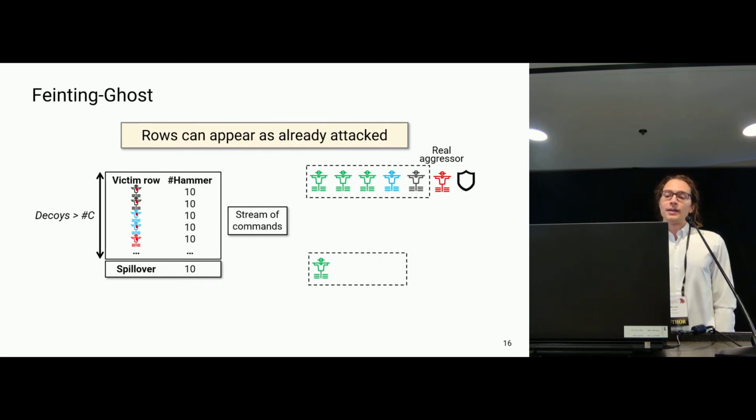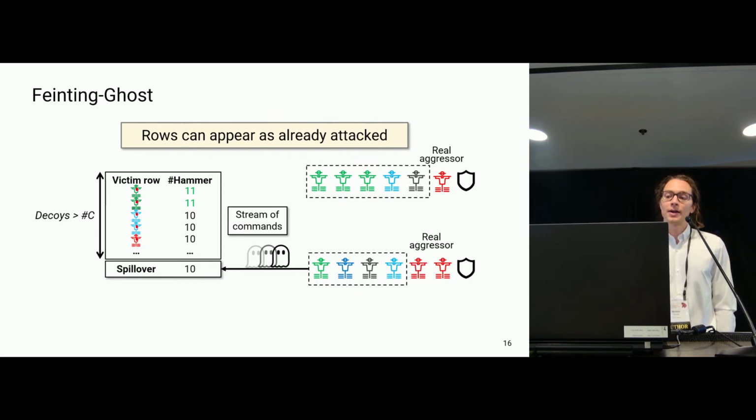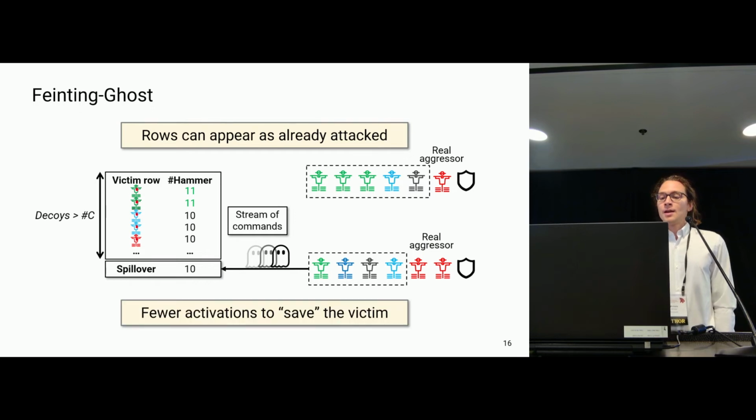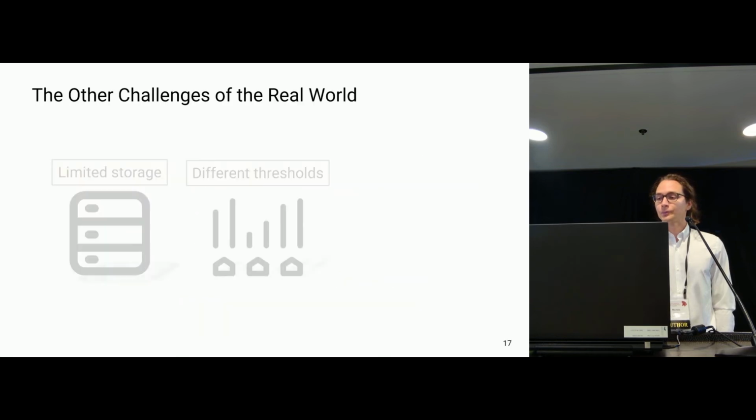So we activate the green aggressor, and then it's checked against the spillover because the storage is filled, and the spillover is equal to the minimum. So the victim linked to the green aggressor just replaces the entry plus 1, of course, as if they had been already hammered this amount of times. And this leaves more time for the attacker to activate other aggressors, and even perhaps the real aggressor. Overall, it means that we need fewer activations to save the victim.